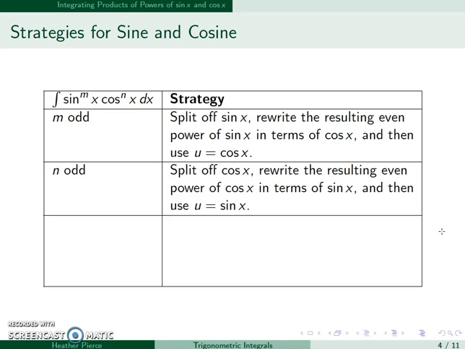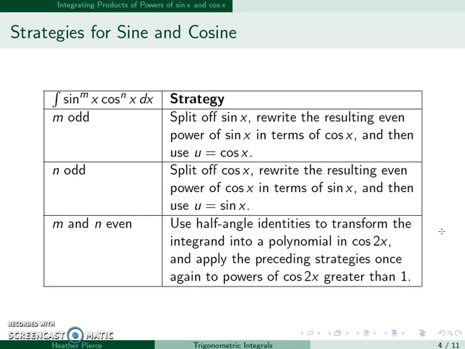So I'll do the same thing I did with sine. And if both of them are even, I can use half-angle identities to transform the integrand into a polynomial in cosine 2x, and we'll keep doing this strategy once again until there are no powers of cosine 2x greater than 1. You'll notice that if the powers of sine and cosine are both odd, you can actually pick which one of these two strategies you want to use.